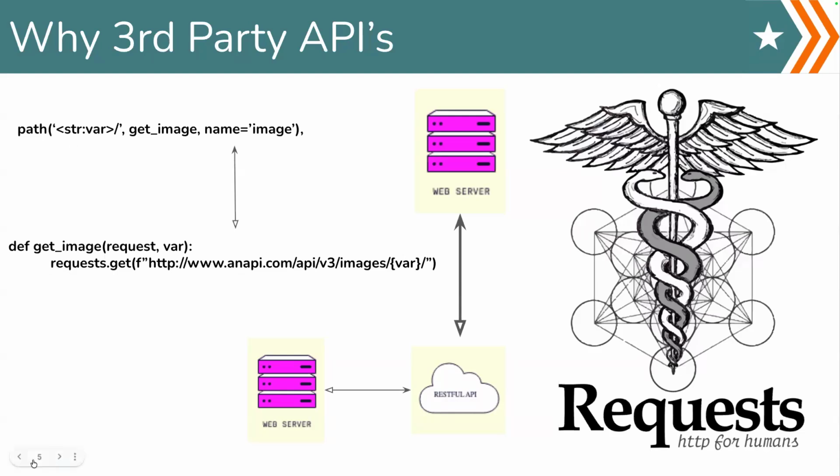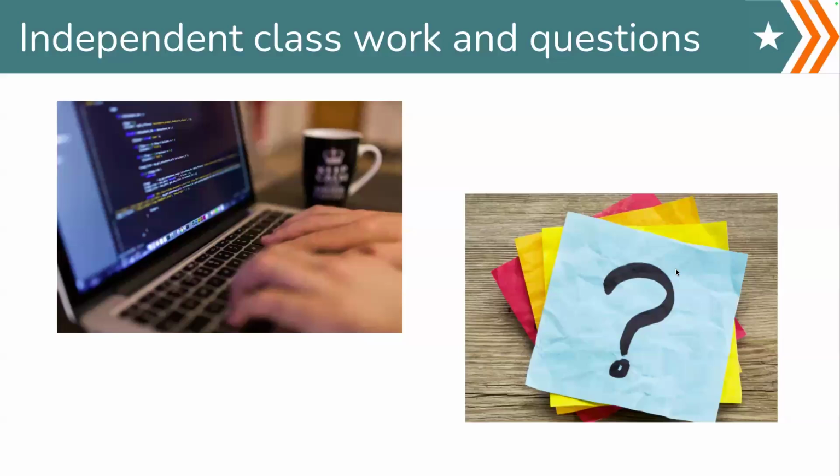Notice that we're utilizing the actual package of requests. So requests is something within Python, and it's essentially the equivalent of Axios for Python code. All right, any questions? Doesn't look like we have any questions.